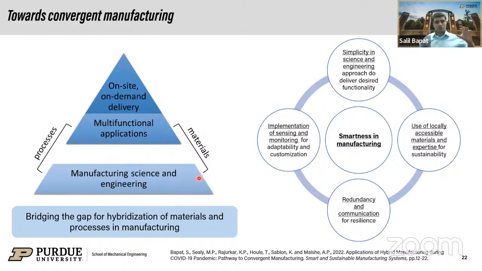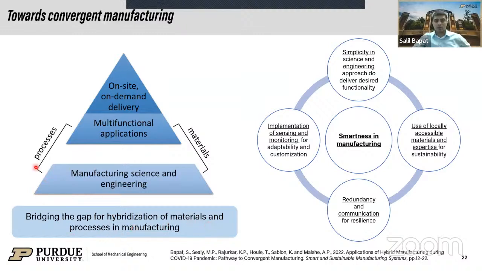What I mean by that is that you have a special manufacturing system for metals. You have a different manufacturing process for polymers or ceramics. And there is no one manufacturing unit that would basically process both different types of materials and different types of processes.